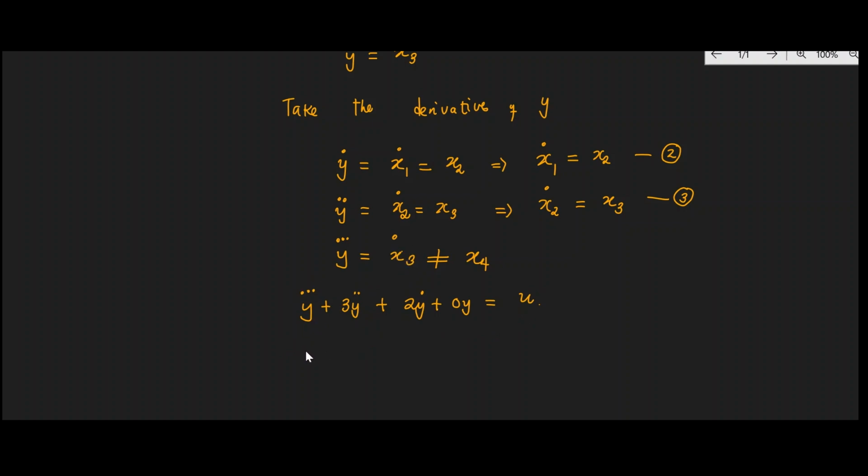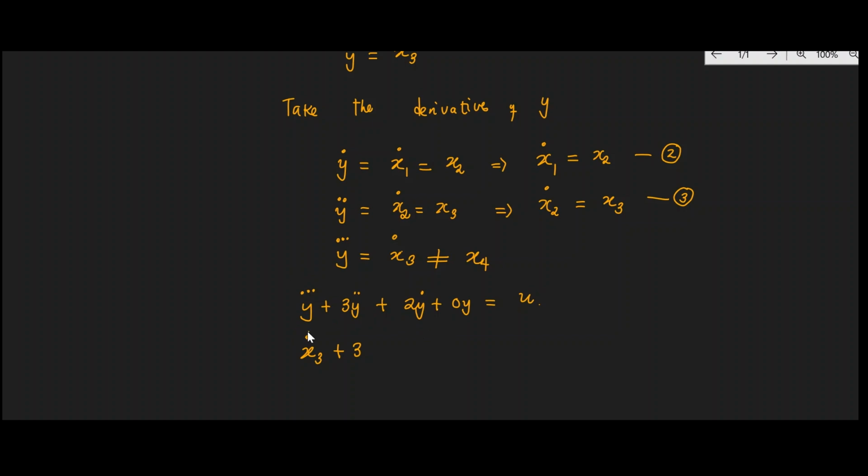So you have x3 dot plus 3 times y double dot, which is simply x3. Don't say x2 dot. What we are trying to do here is reduce this third order differential equation to first order differential equations.